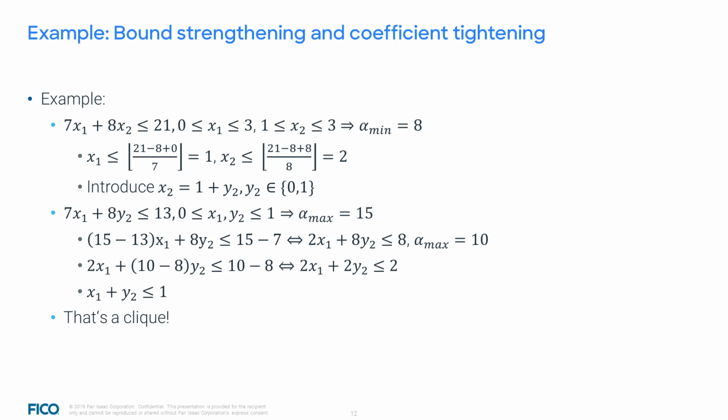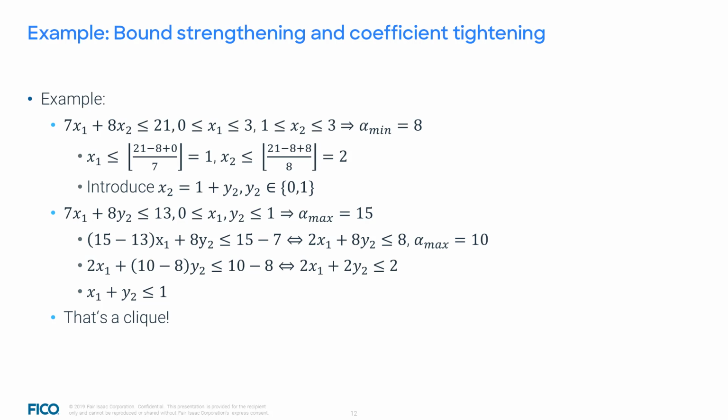At this point, we observe that x2 can only assume the values 1 and 2, so we can replace it by a binary variable y2, hence substitute x2 in the constraint by 1 plus y2. Since x1 became already binary after bound strengthening, now both variables are binary and the constraint has a maximum activity of 15. This allows us to apply coefficient tightening.